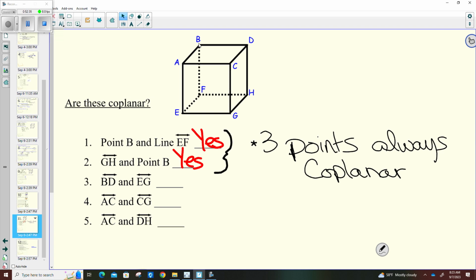Can I do one flat surface that hits them both? Turn and talk to somebody near you, see if you came up with the same answers. If you don't have the same answers, talk about it. See if one of you can prove it to the other.